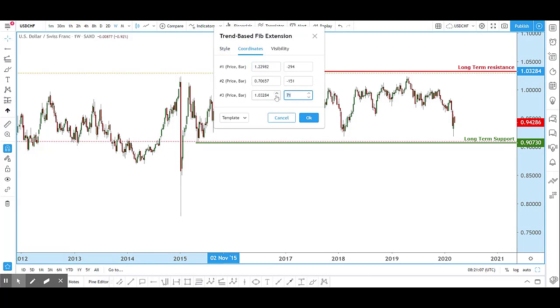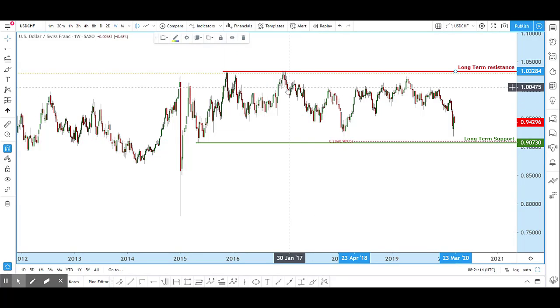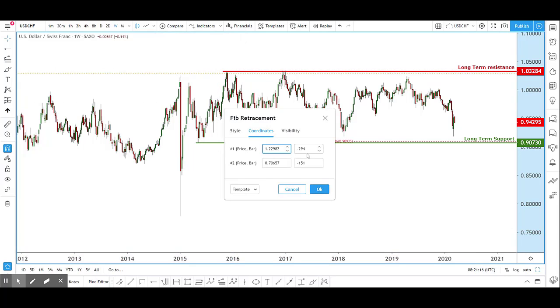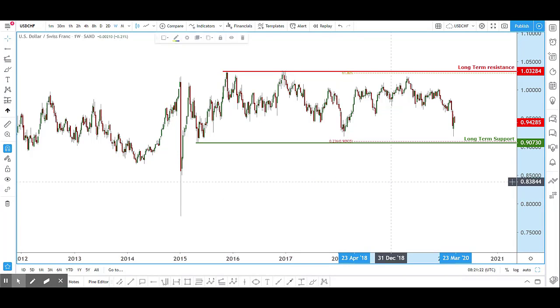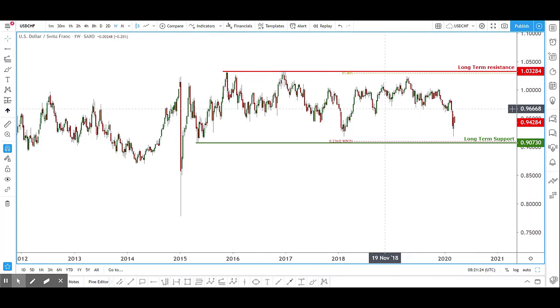Let me tidy this up. And recall this is the long-term 61.8 retracement, right, and also a graphical level. Okay, so now we see the price is actually closer to the long-term support than the long-term resistance.